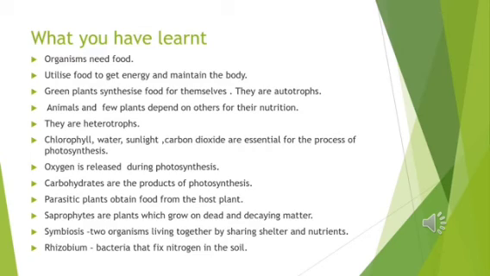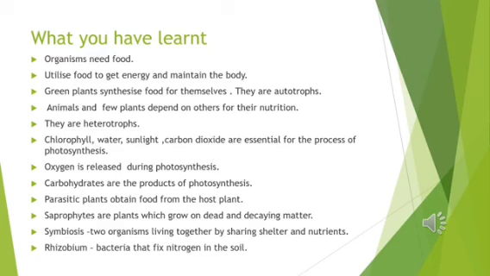Then the next term which is very important to remember is autotrophs. So what are autotrophs? Autotrophs are nothing but green plants which synthesize food for themselves. Then the next point, animals and few plants depend upon others for their nutrition and they are called heterotrophs.